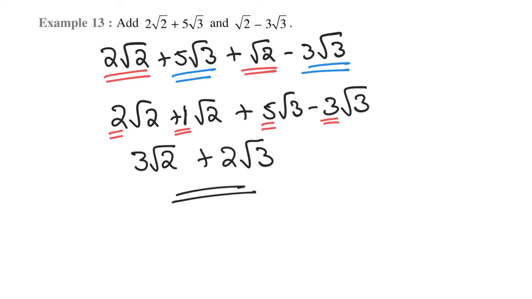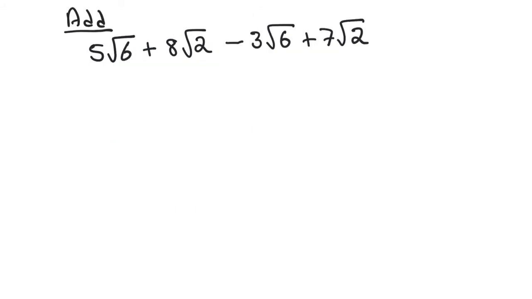So let's try another one. Can you try this? 5 root 6 plus 8 root 2 minus 3 root 6 plus 7 root 2. So let's put the root 6 together and then the root 2's together. So how does it look now?